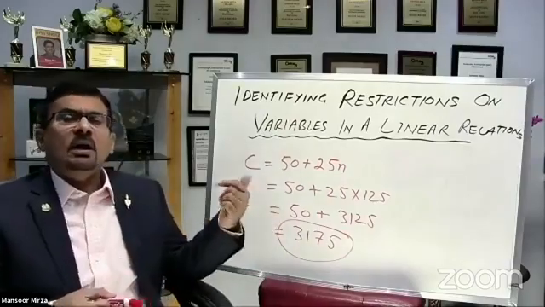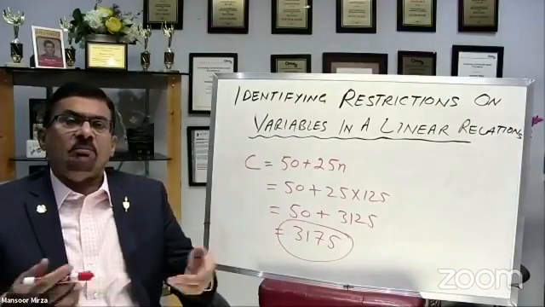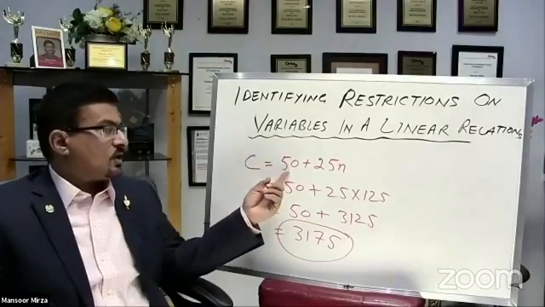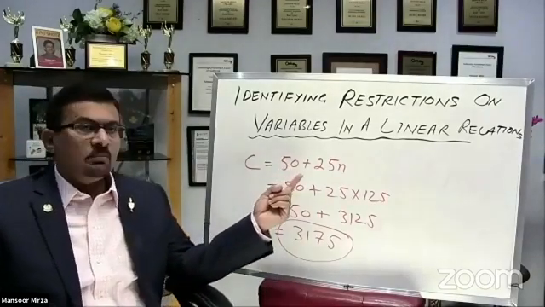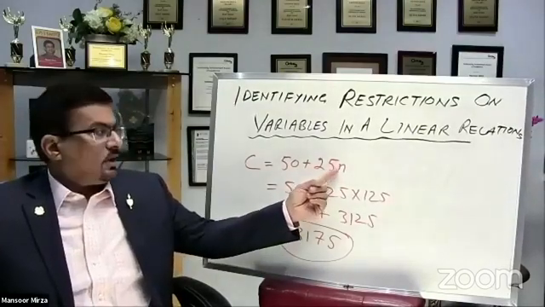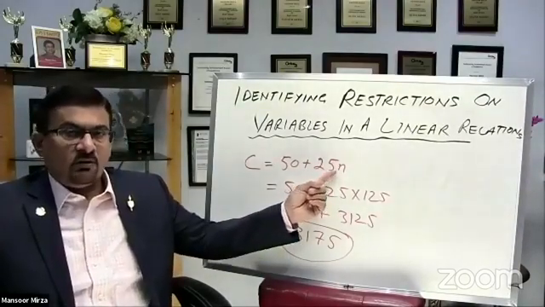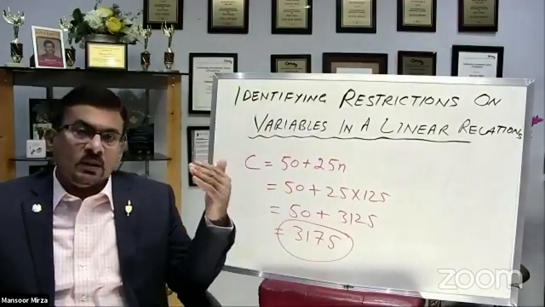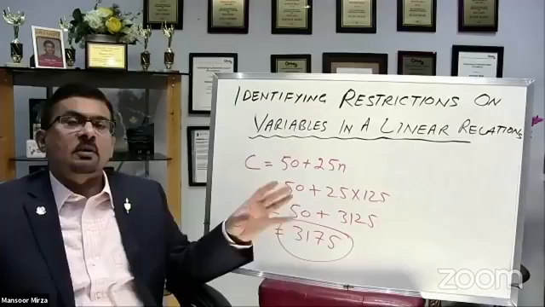In this particular case, as I mentioned, we are taking an example of a banquet hall. The basic charge is 50, and then each individual is costing us $25 each. And the capacity of the hall is 125 maximum people.